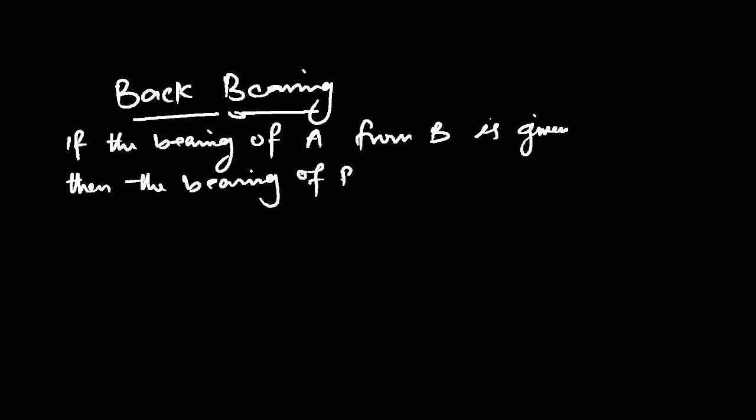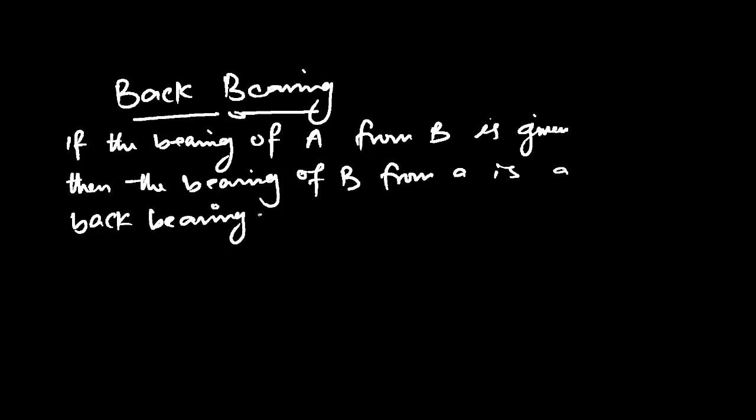So if the bearing of A from B is given, that is, you are given the bearing of A from B, then the bearing of B from A is a back bearing.